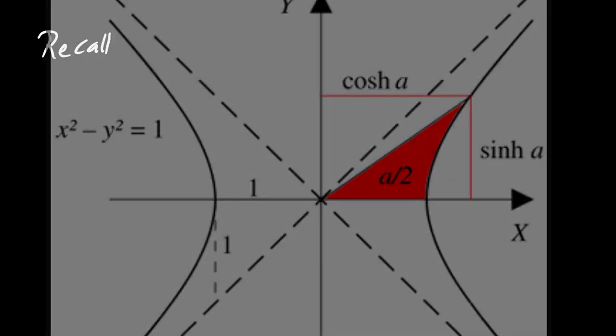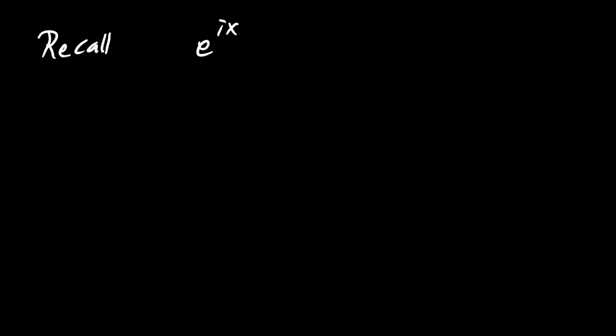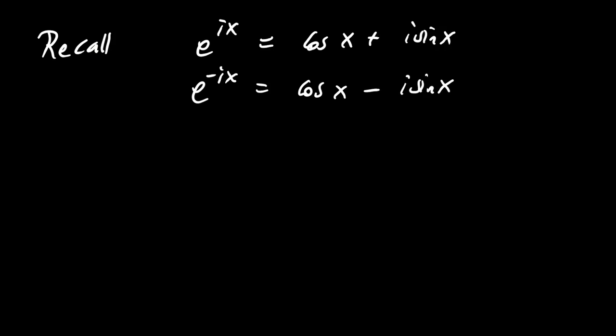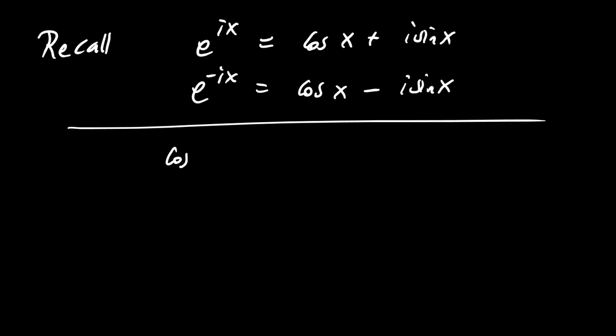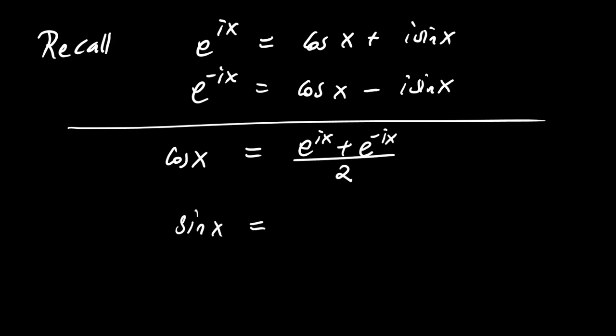Recall that e^(ix) equals cosine x plus i sine x, and e^(-ix) equals cosine x minus i sine x. So when we take the sum and halve it, we get cosine x equals (e^(ix) plus e^(-ix)) over 2, and also sine x equals (e^(ix) minus e^(-ix)) over 2i.